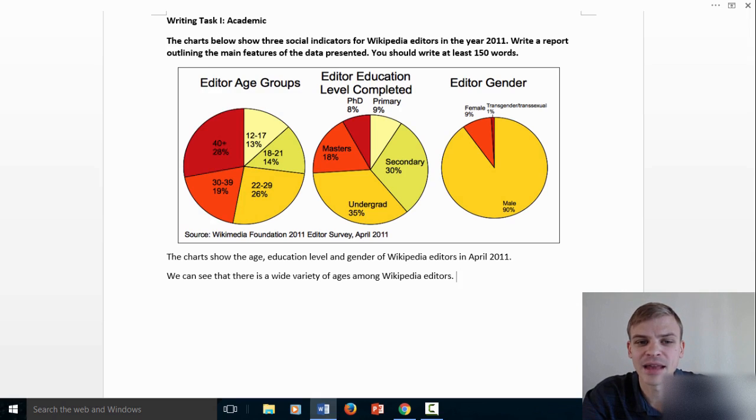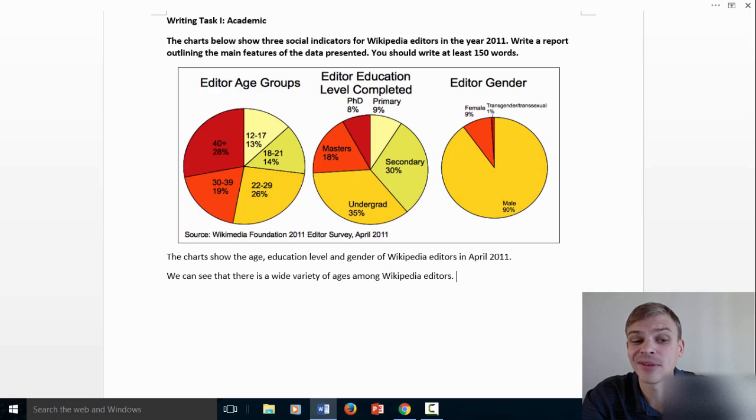And now if you're looking at that first graph there, first chart where it says editor age groups, what do you see? Now you might see something different than I see, and that's okay. There's a lot of different angles that you can take on these, just what looks interesting to you or what stands out as remarkable or as different or interesting.